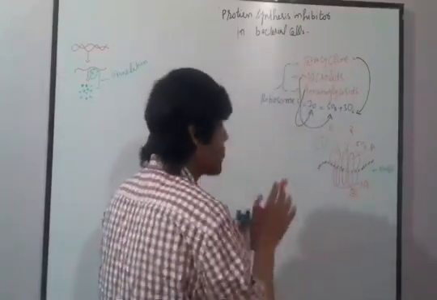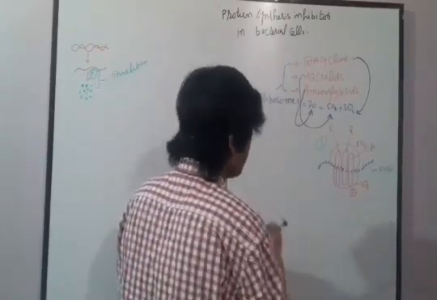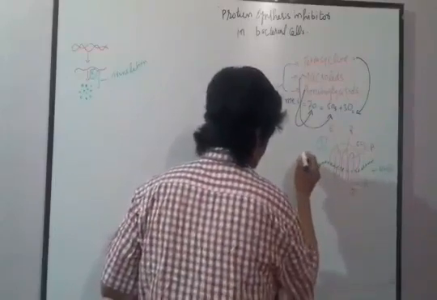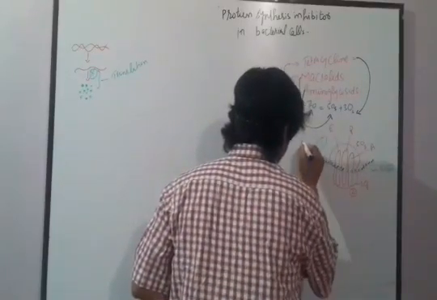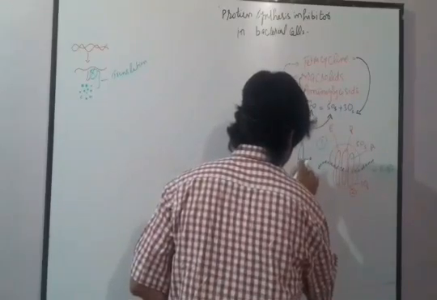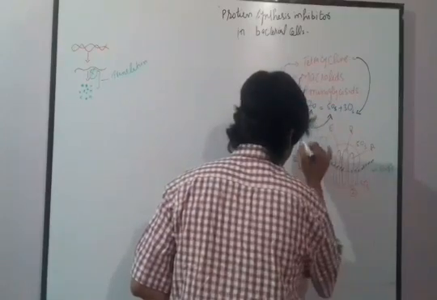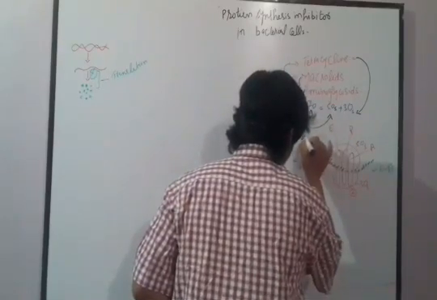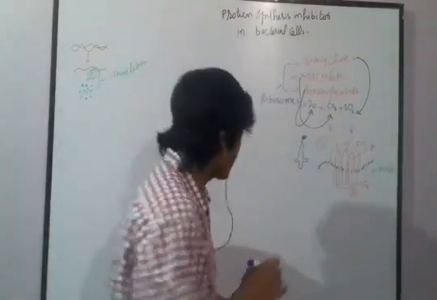The third thing involved in protein synthesis is the transfer RNA. Let me draw what it looks like, and it carries the amino acid.